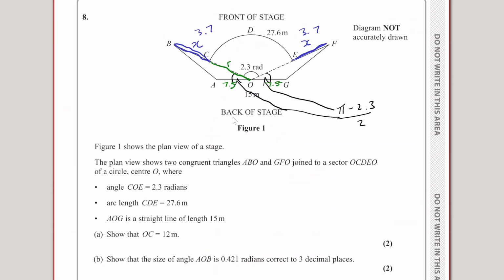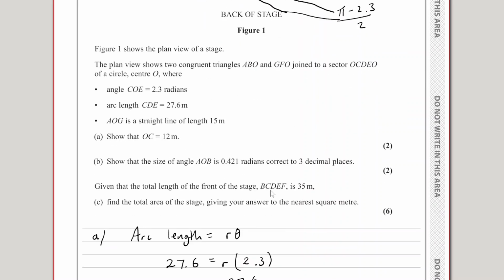So for our triangle, we've got 15.7, 7.5, and 0.421.